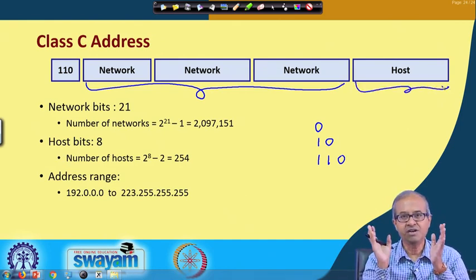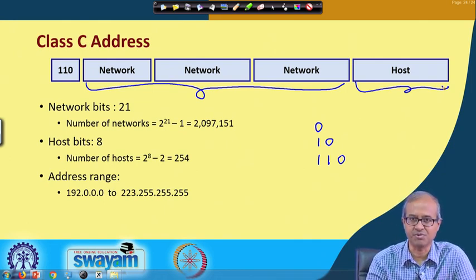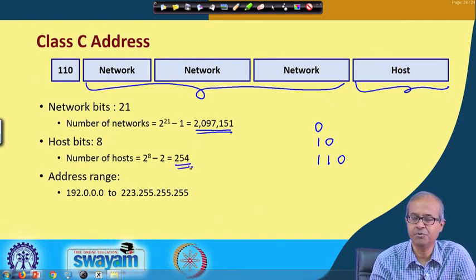That means it is for networks where relatively fewer computers are there. For such cases, class C is most suitable. With 21 bits, you can have about 2 million networks, and with 8 bits in the host, you can have 254 computers or hosts per network.